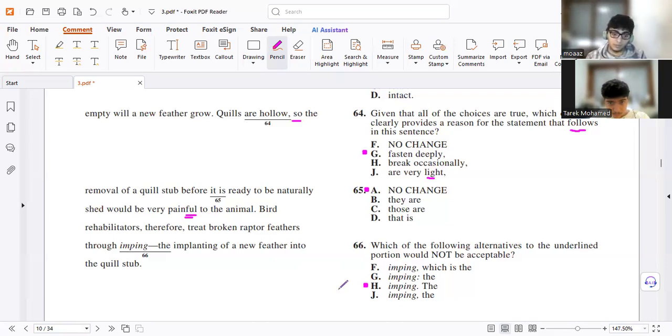Always follow the rules. The implanting of a new feather into the quill stop, I think is the full sentence. What is the verb? There is no verb. That is the problem because it's fragmented. That's why, my dear. But here for letter F, it's no problem.